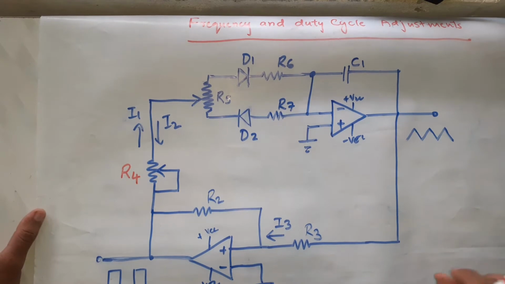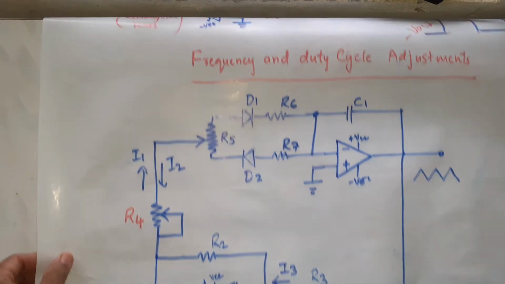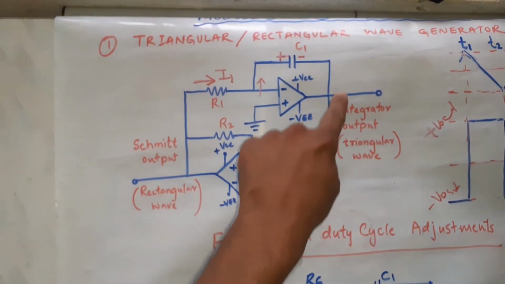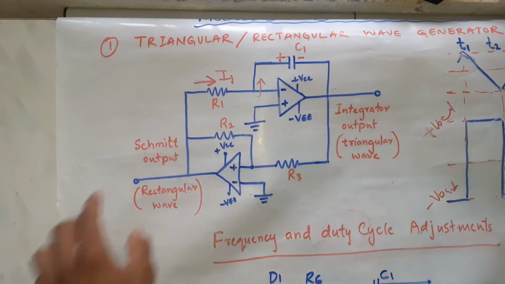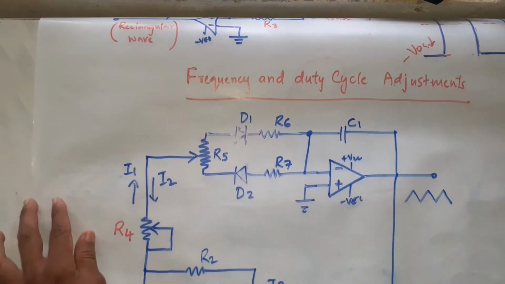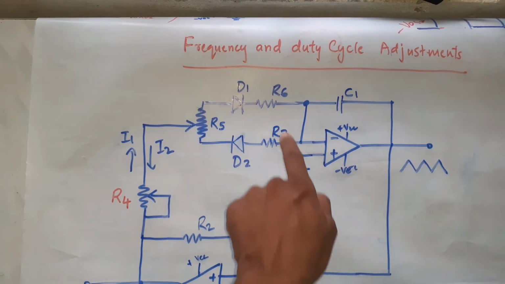Now if you compare with the previous circuit, it was only capacitor C1 here and only resistor R1, right? In place of R1, you can see R1 is split into R6 and R7.